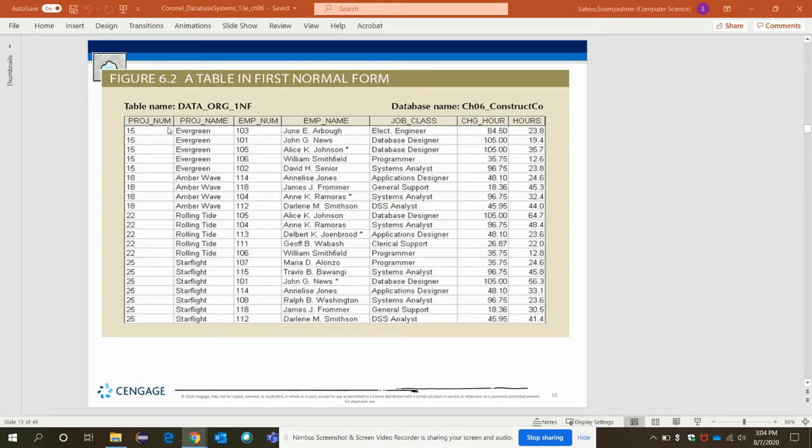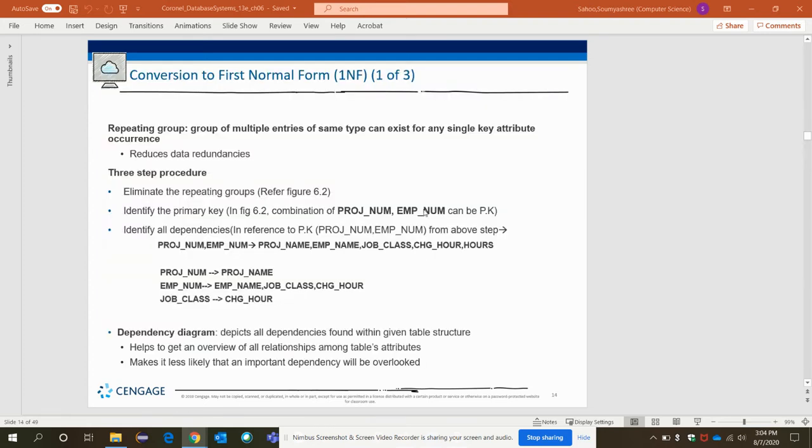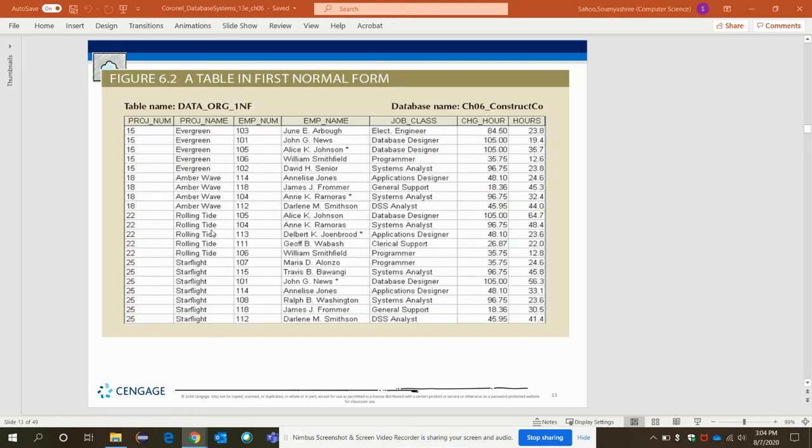As I told you, some duplications are found in the project num, so we are taking a combination of project num and emp num as the primary key. So here the primary key is defined. Now after the primary key is defined, you need to find all the dependencies. How to find the dependencies? Here in the table, as you have arranged a table with all the data, you need to decide which functional dependencies appear here.